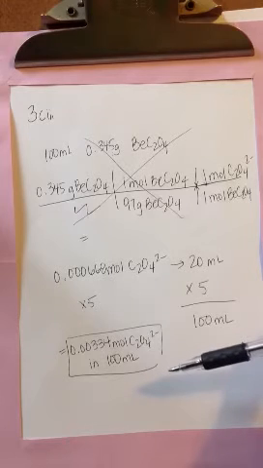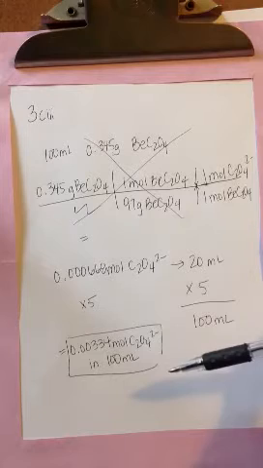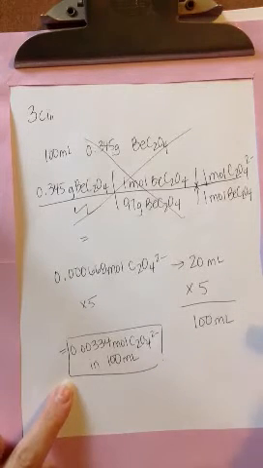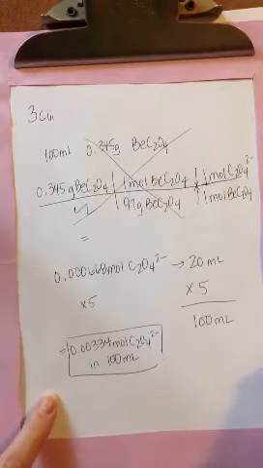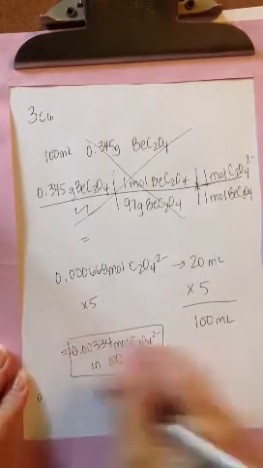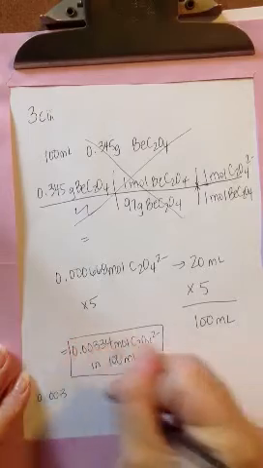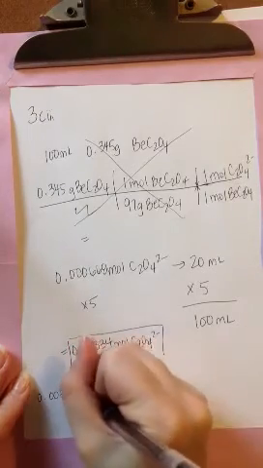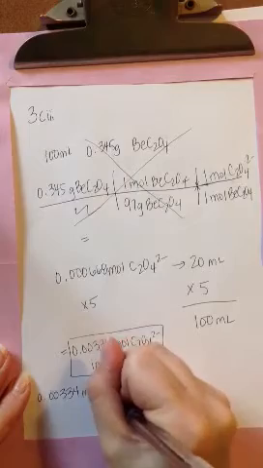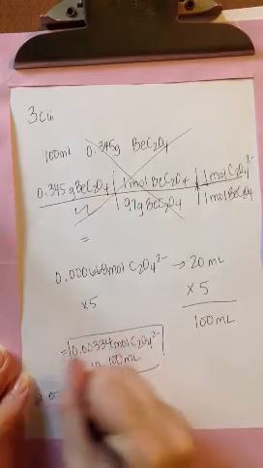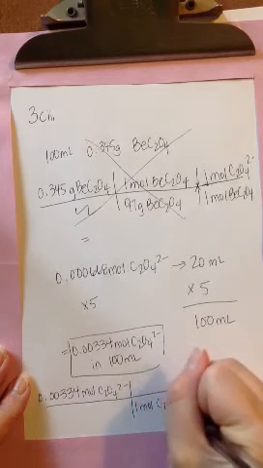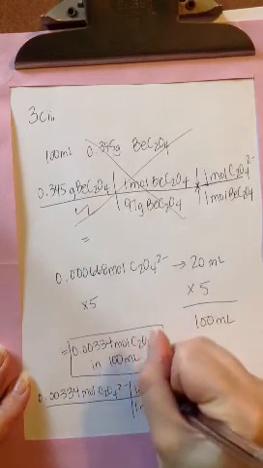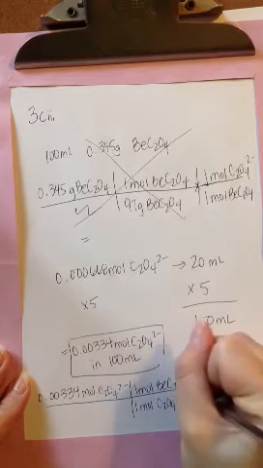Now it wants me to calculate the mass percent of BeC2O4 solid in the impure sample. So if I know I have this many moles, let's calculate how many grams of BeC2O4 I have. Now I'm going to use my stoichiometry. So I have 0.00334 moles of C2O4 2 minus. I know I have 1 mole of that for every 1 mole of BeC2O4.